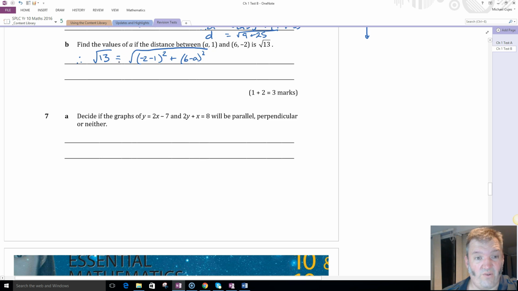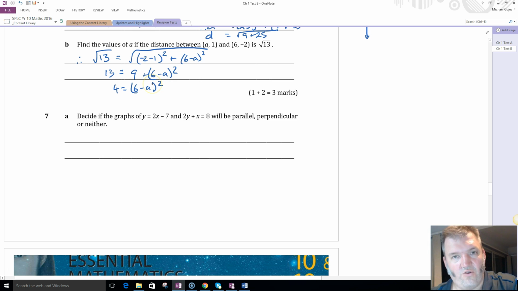Both sides are being square rooted, so I can square them. That's not too bad. So 13 equals negative 3 all squared, which becomes 9, plus 6 minus a all squared. Subtracting 9 from each side, I get 4 equals 6 take a all squared. You could square root and use your plus or minus.